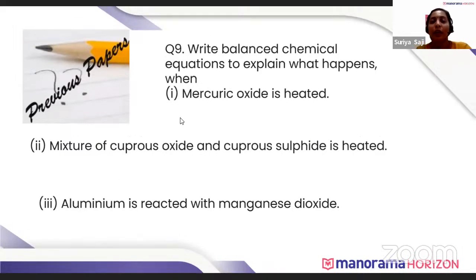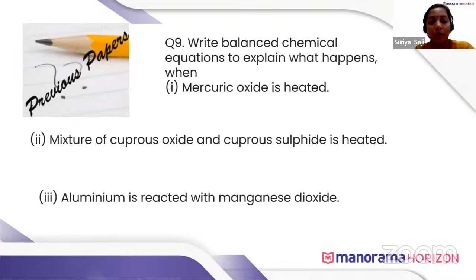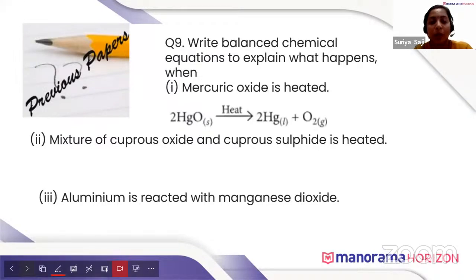Okay, write the balanced chemical equations to explain what happens when mercuric oxide is heated. What will happen? Mercuric oxide, when heated, will give mercury and oxygen. It undergoes reduction. Okay. So next, cuprous oxide and cuprous sulfide are heated.